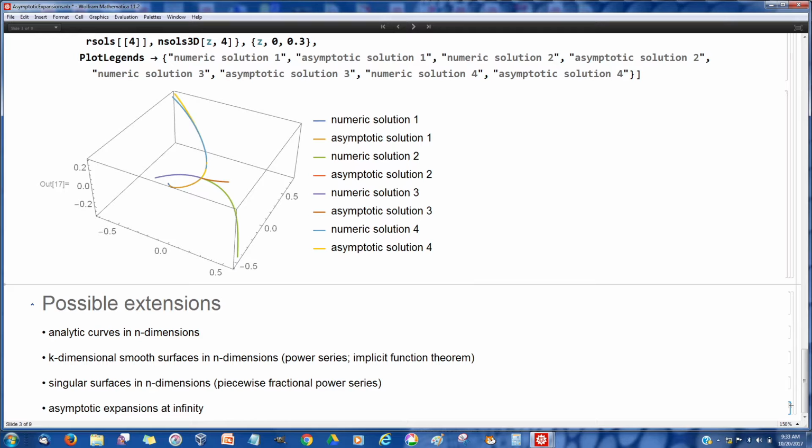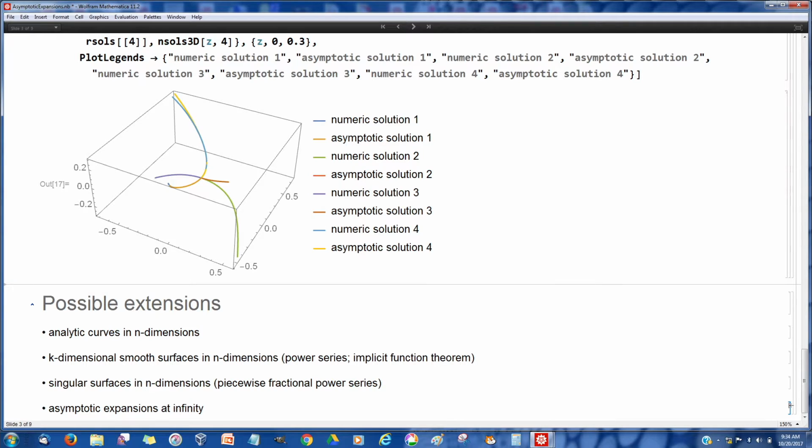Now the singular cases are more problematic. The singular surface in n dimensions, first, can split into several pieces with different dimensions. That's the first difficulty. But even an irreducible piece doesn't necessarily have to have a description in terms of a convergent power series or Poisson series.